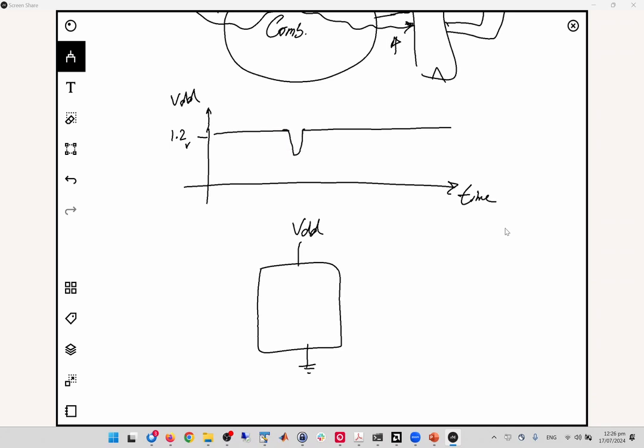This is a glitch over the power, but of course it doesn't look like this. If you bring it down and then close it up, it will be something like this. And then the question is up to which point you should decrease it and what should be the duration of this power glitch. This has different effects.